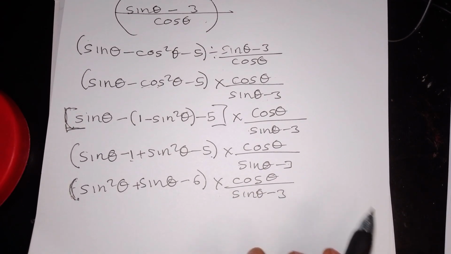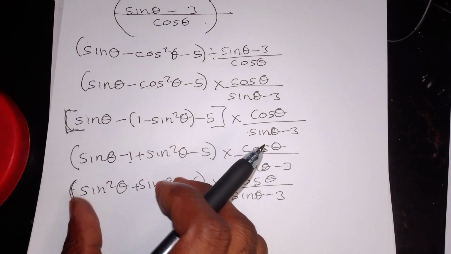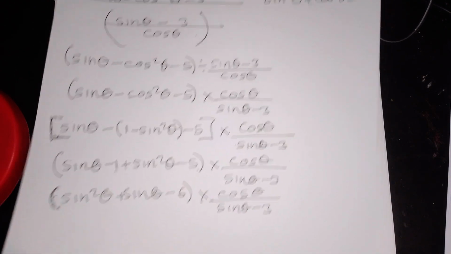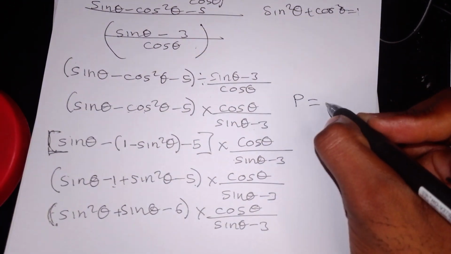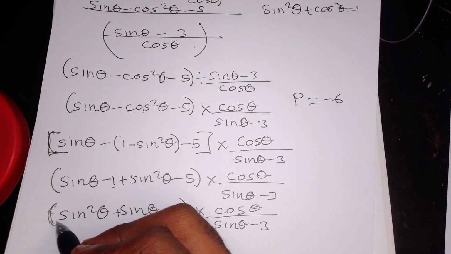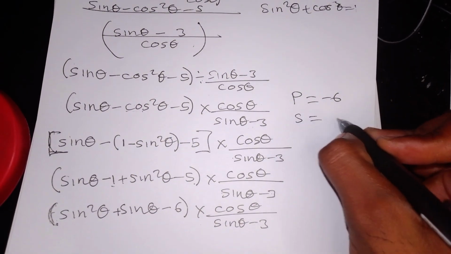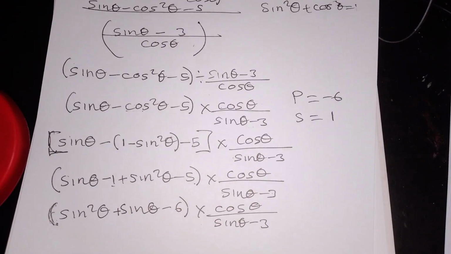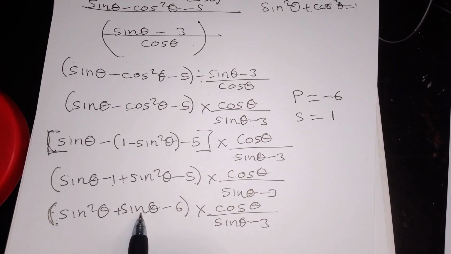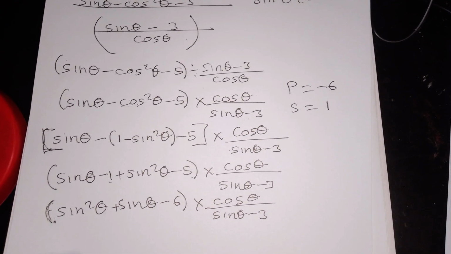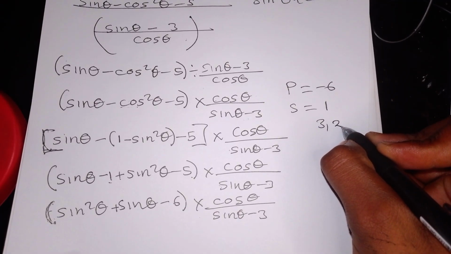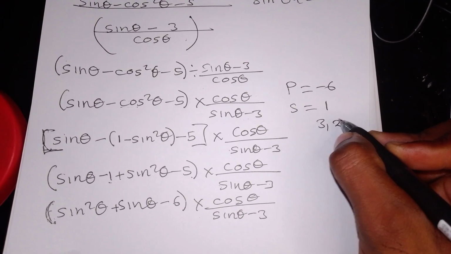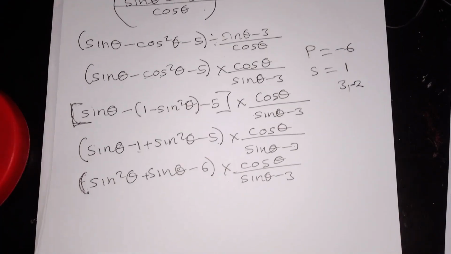But if you can just divide this into this, that should work just fine too. So the product here is minus 6, 1 times 6, and then the sum is a 1. We have 1 as the coefficient of sine. So that means the factors should be 3 and 2, I think, where this is a negative, yeah.